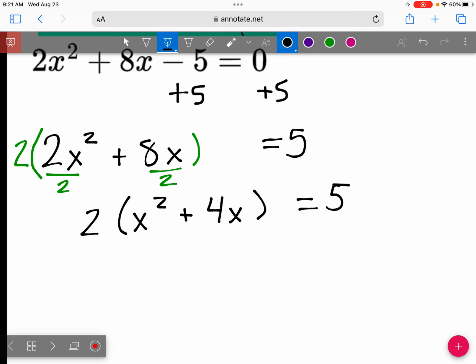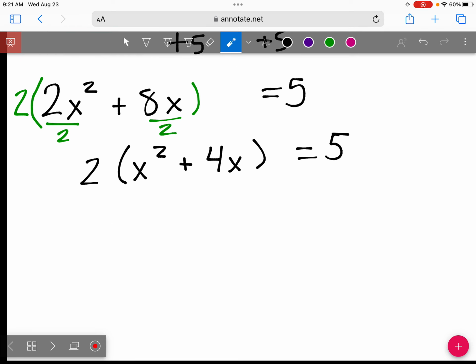I promise there's a reason. Because could I get this 2 to leave this side altogether? How? Divide by 2. Because I would really like this left side to just be x squared plus 4x. Because then I can make it a perfect square. If I have 2x squared, I don't have any way to make that be x plus something squared. I can't do it. We need it to be perfectly squareable.